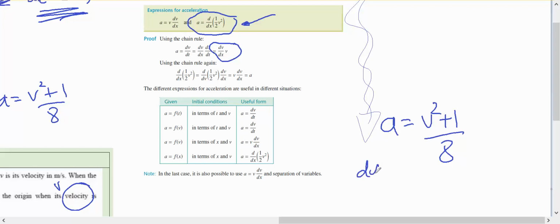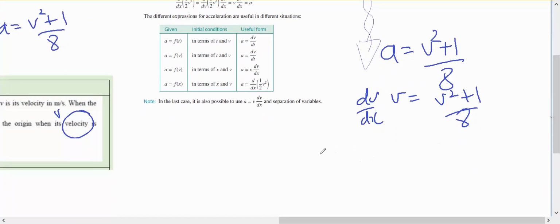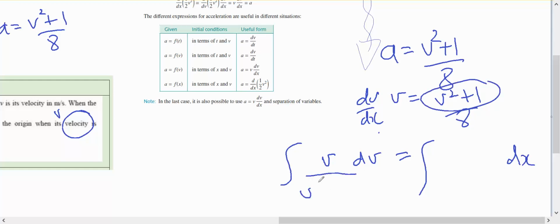So dv dx times v equals v squared plus 1 over 8. So the integral, I'll leave the v here and the dv here. I'll move the dx over here, and I'm going to pick up the v squared plus 1 and leave 1/8 dx on the other side.